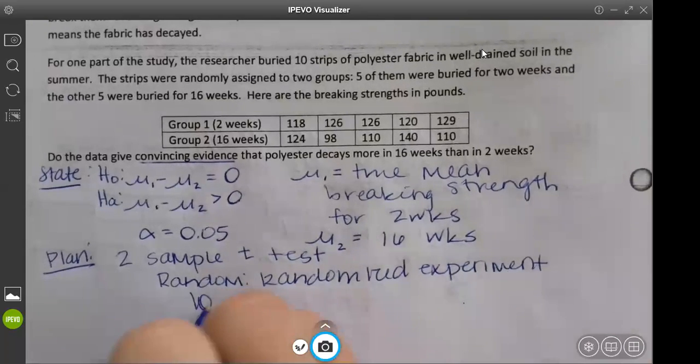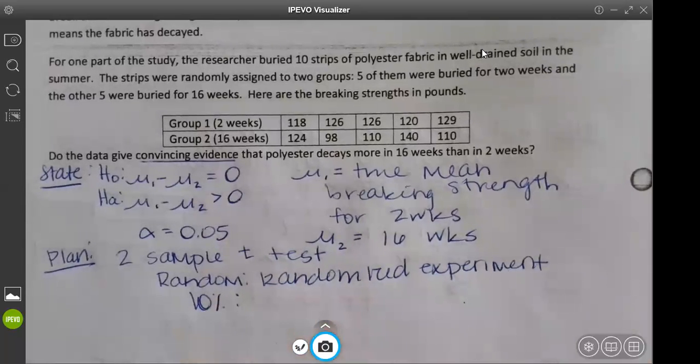Okay. 10%. Do we have to do 10%? Why? We didn't really take a sample, did we?